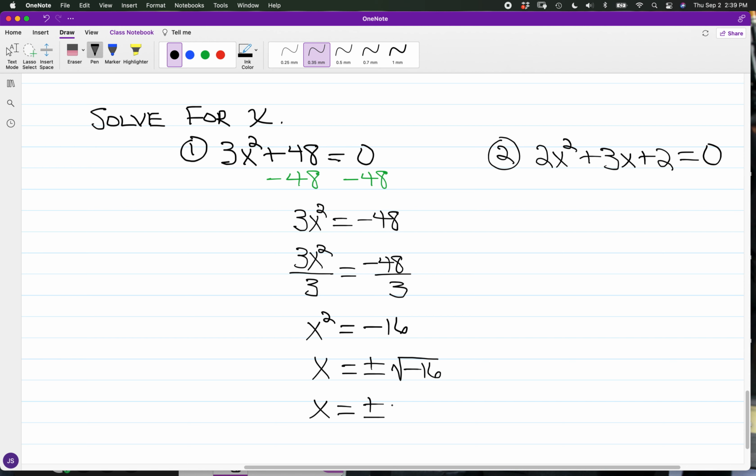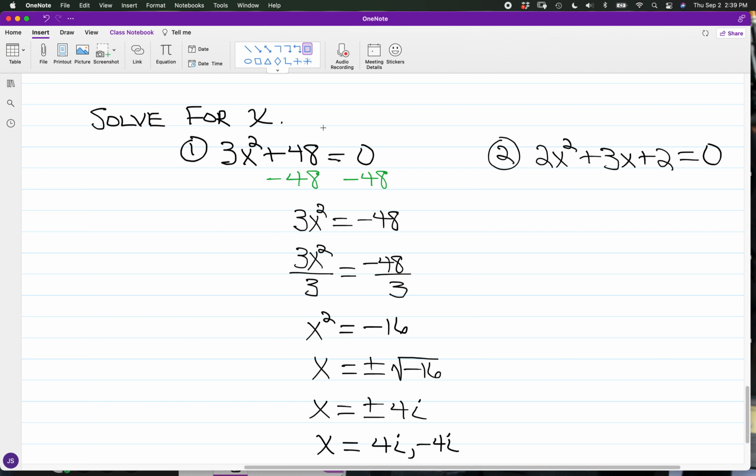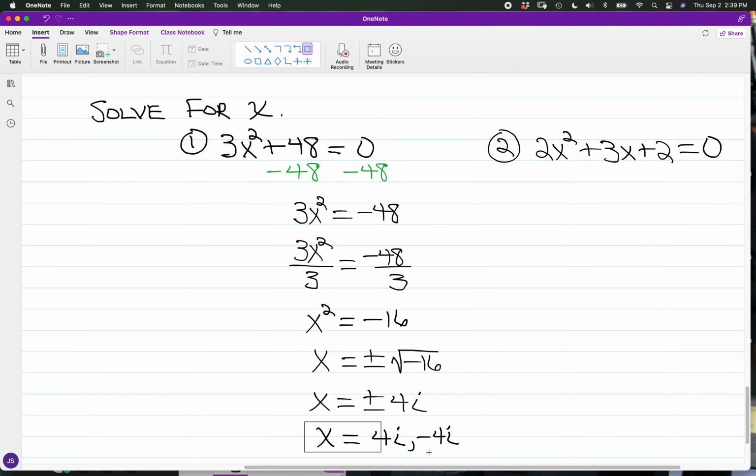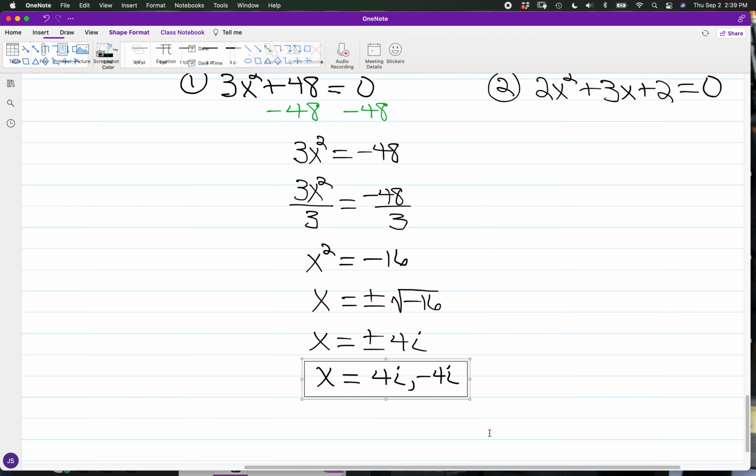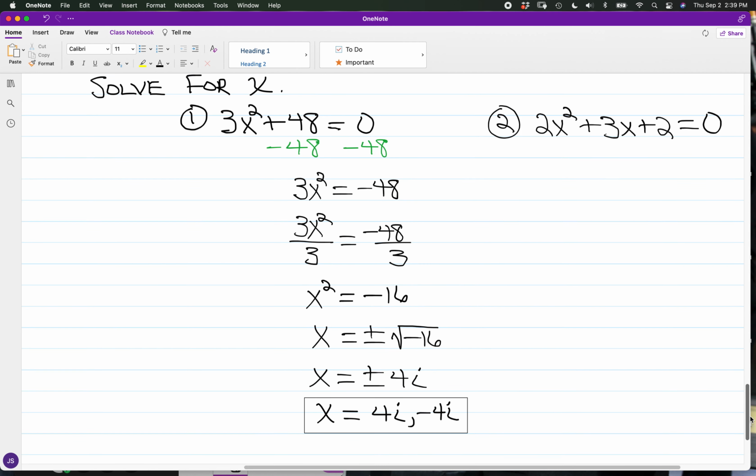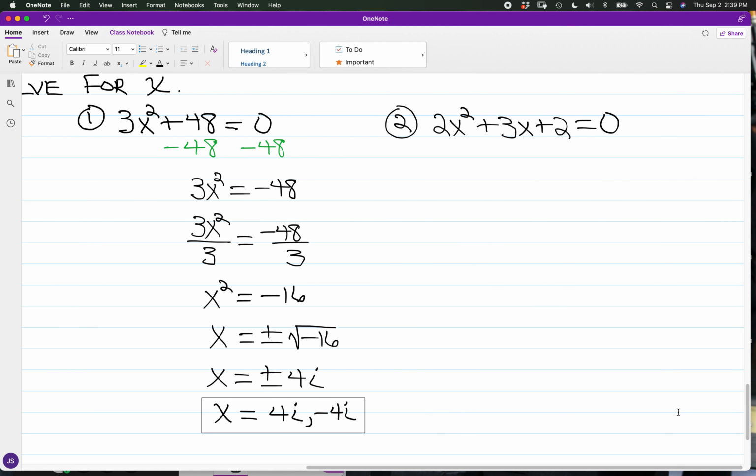So for x, we have plus or minus 4i. In this case, we have 2 complex roots.